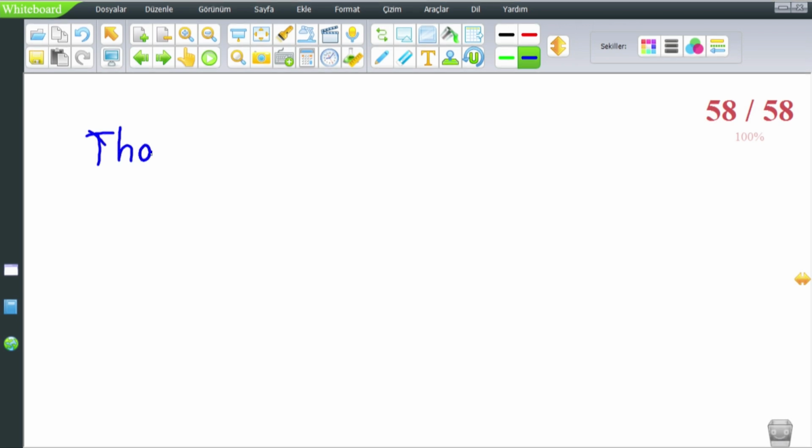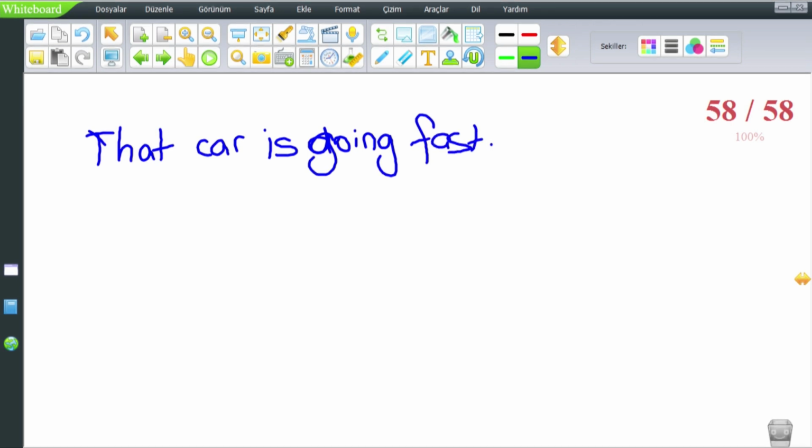That car is going fast. For example, this sentence cannot be rewritten in passive voice either, because I don't have an object.